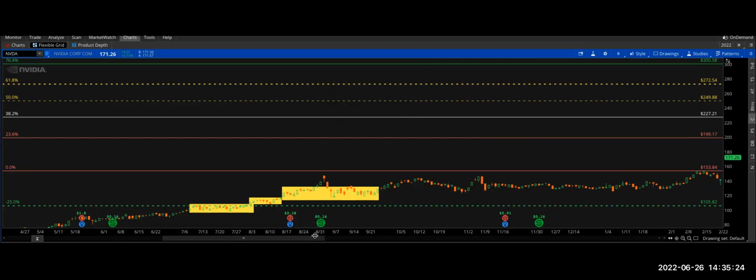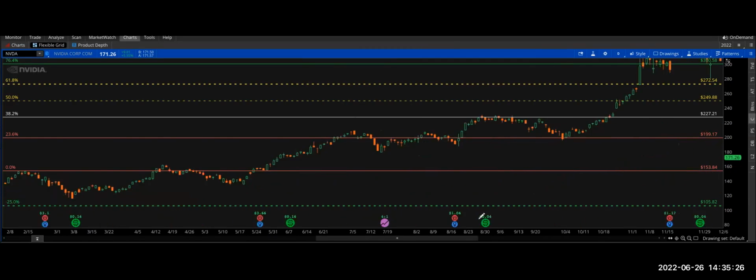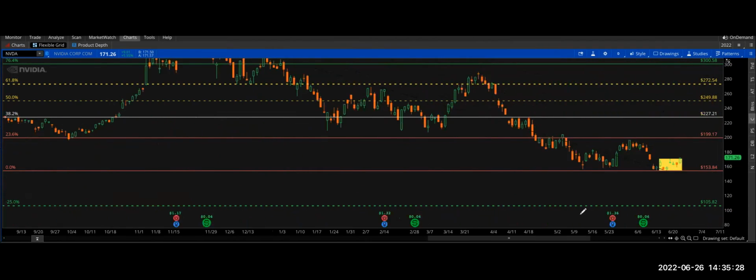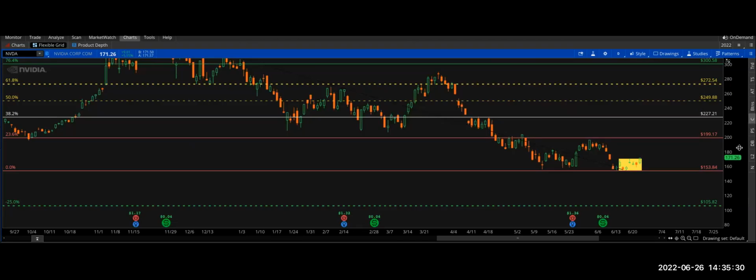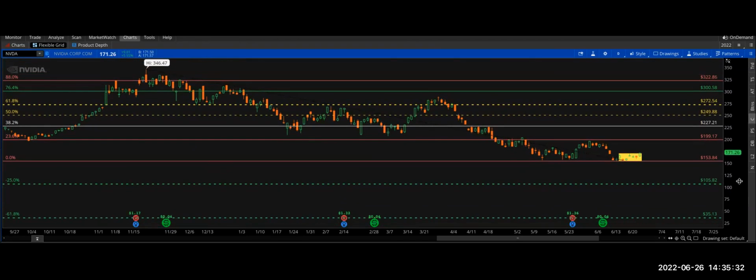So if you are bearish on NVIDIA, right? And you open up the chart and we're in a bear market, what does that tell you? Right? Look, where's the next level down? 105.82. Now, are you going to wait till it goes down to 105.82?